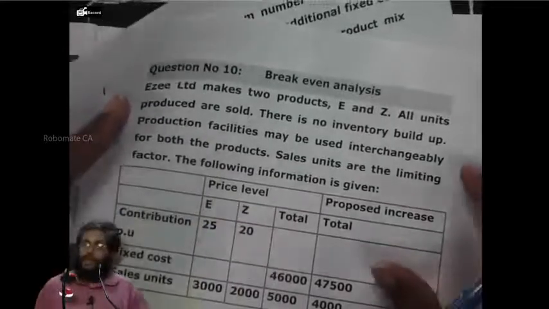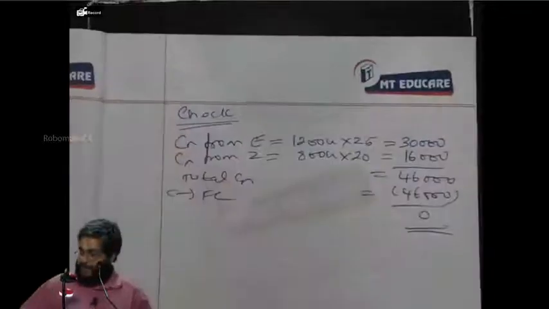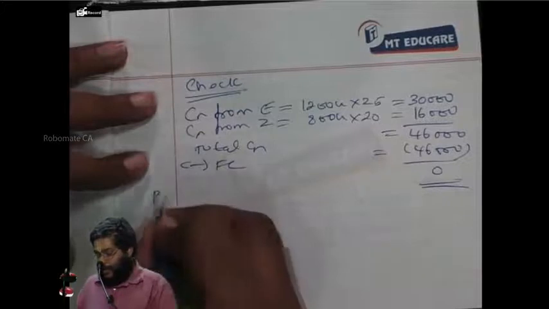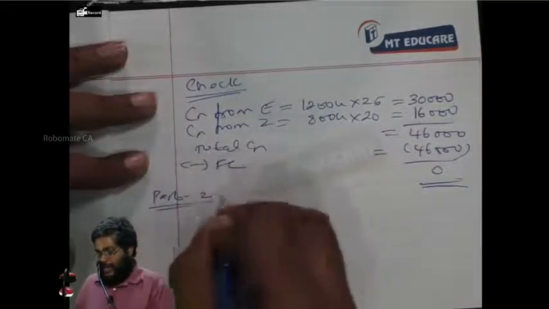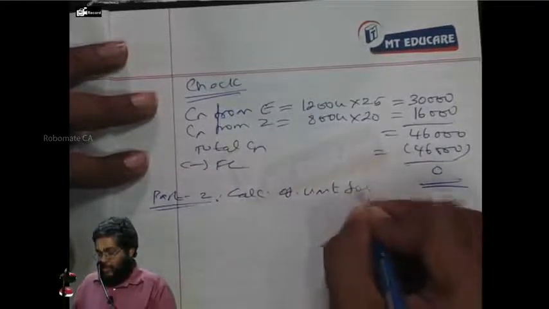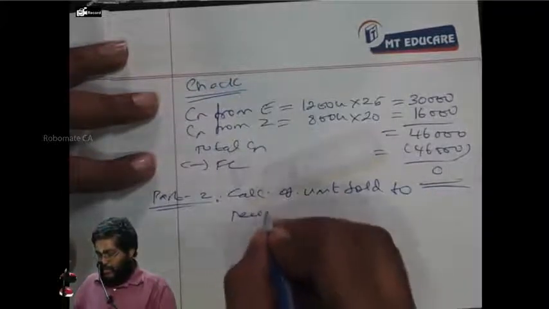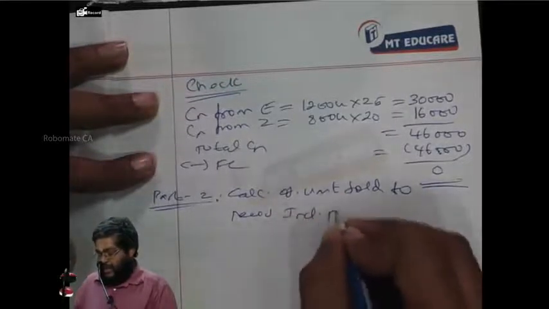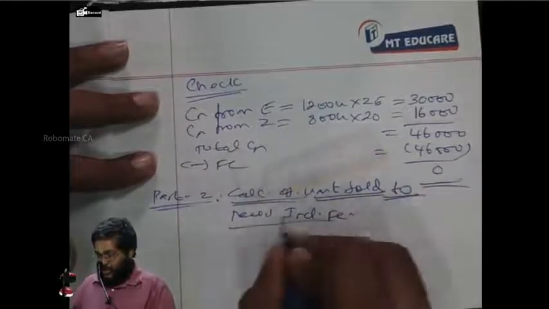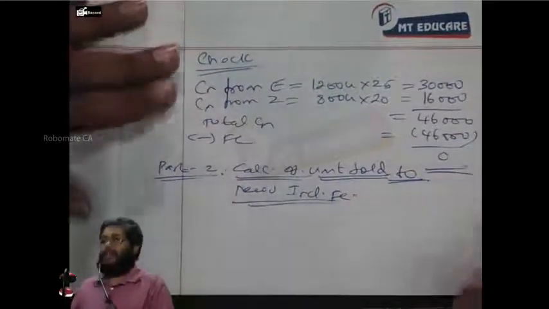Now, can you go for the break-even point calculation? Now, write down. Next. Calculation of BEP. I think it is part 1 or part 2. Okay, I'll just change the heading: Calculation of units sold to recover incremental fixed cost.